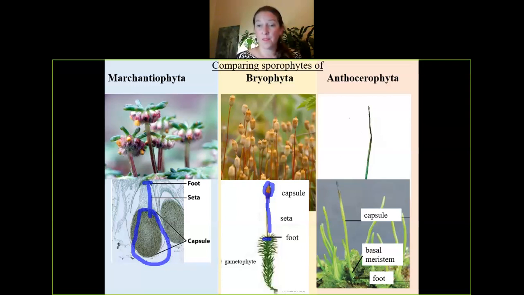Hornwort: foot, basal meristem to grow the horn, which is the capsule. Also growing upright. The only one that hangs upside down is the liverwort.